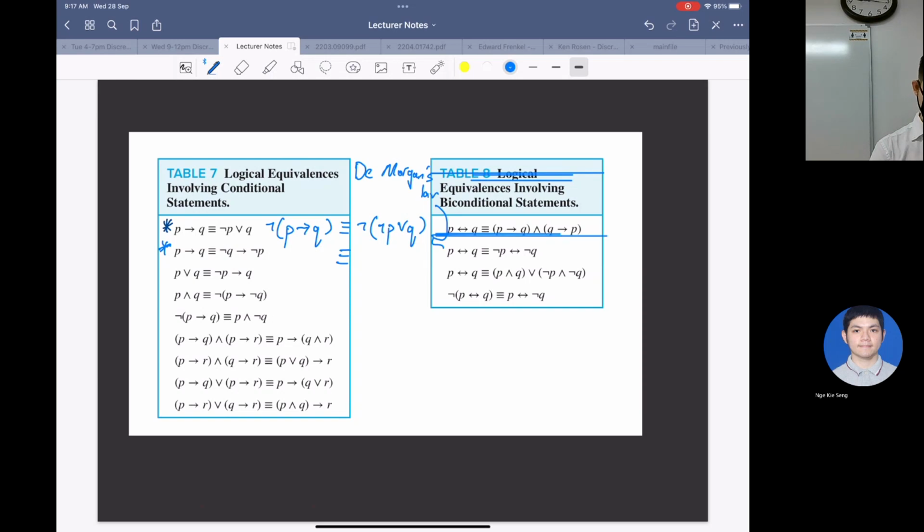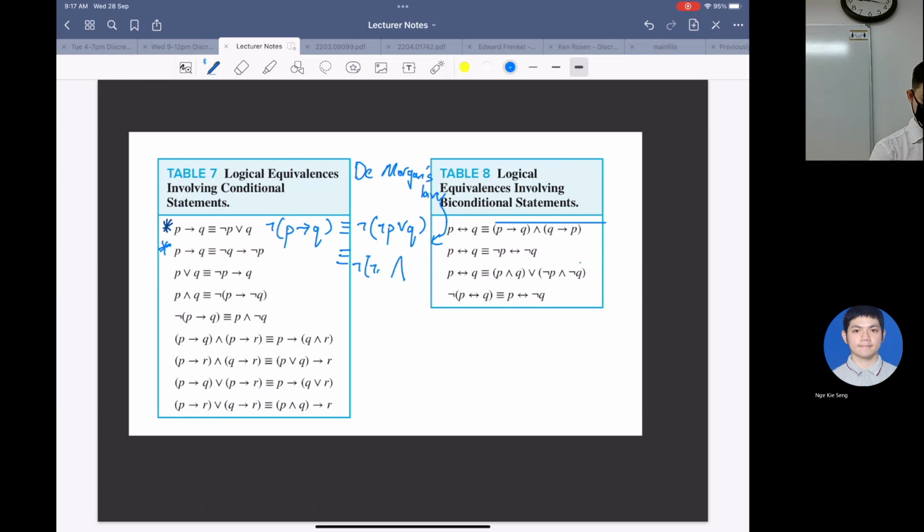Not a disjunction becomes a conjunction, and you negate both.